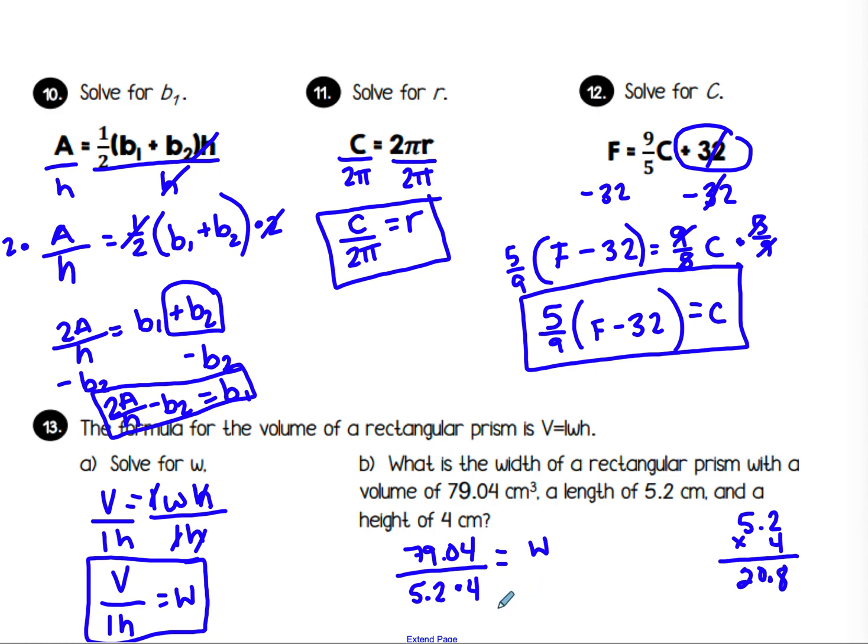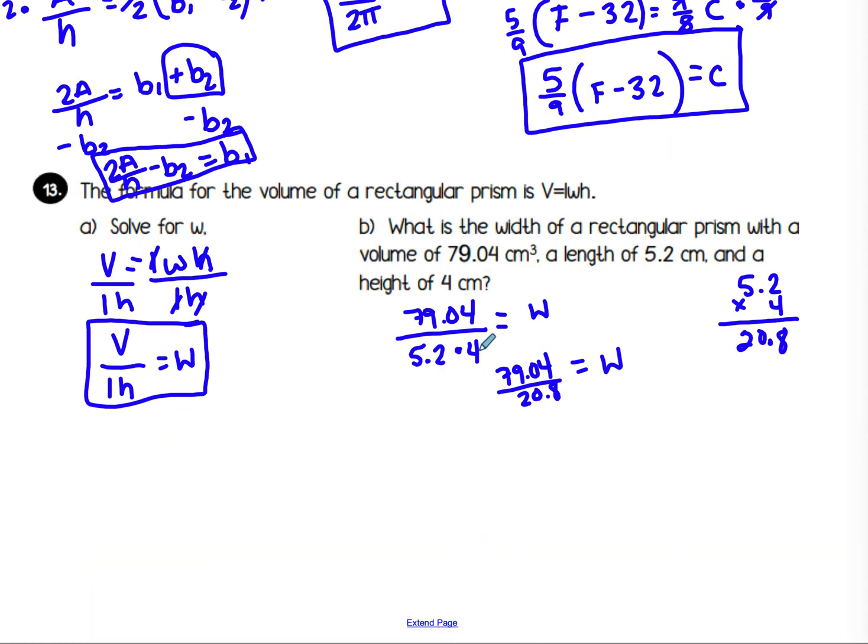And so now I have 79 and 400 divided by 20 and 8/10 equals W. I need a little more space here.